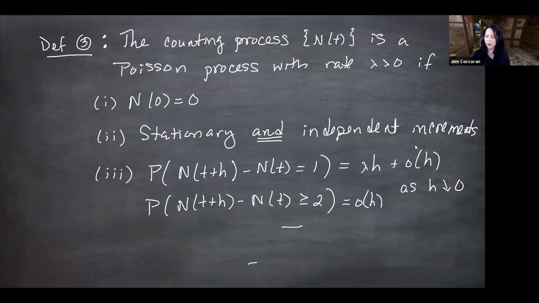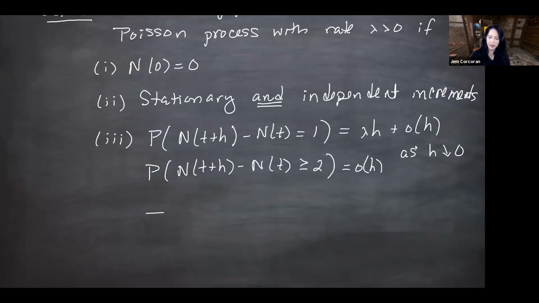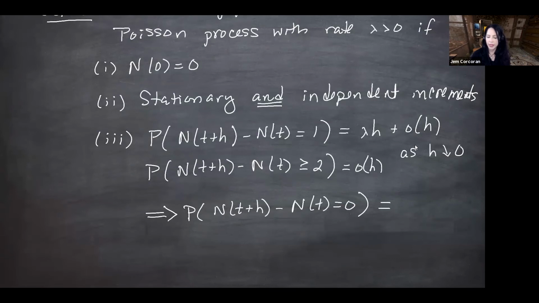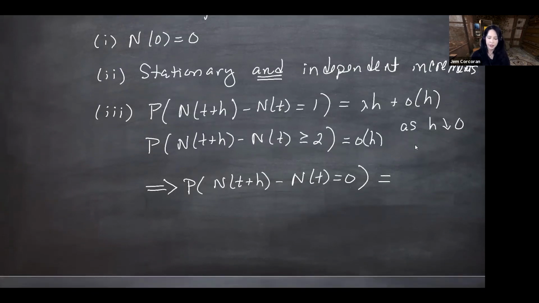And then the final thing you don't need, because we have this all wrapped up, but those 2 things imply the probability that the number of arrivals in there is 0. I don't want to make this part of the definition.